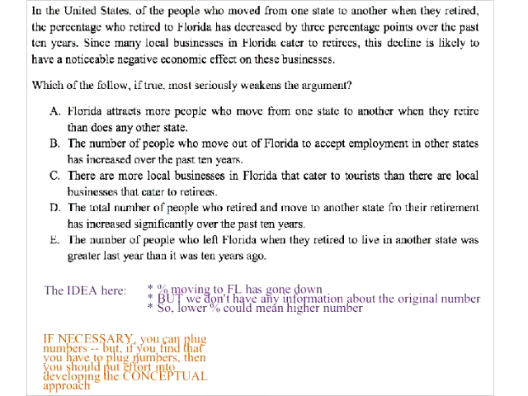So, if you have 1 million retirees, and then 10% move to Florida, then that would be 100,000. But then if you have 2 million retirees, the problem stipulates 3% less.